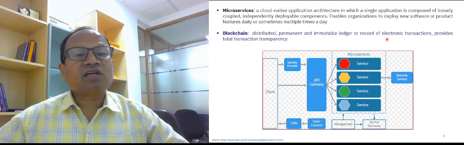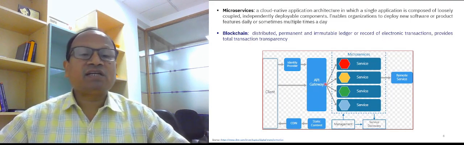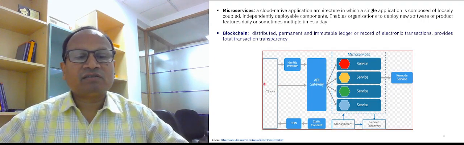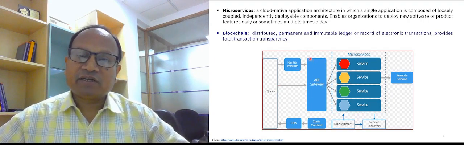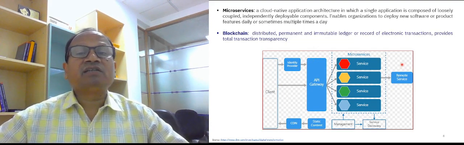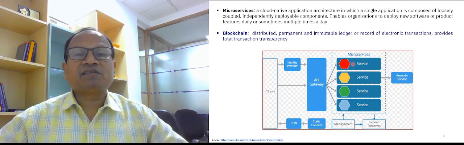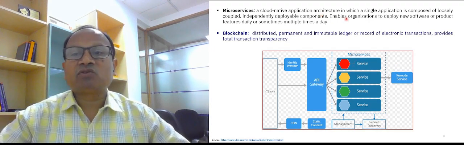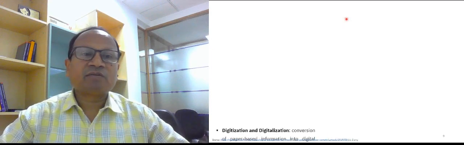This provides total transaction transparency. So as you can see in the diagram, there is a client, and the client or the users have different experiences. From remote, it can be accessed and monitored with the help of the services. What we are talking about is that it enables organizations to deploy new software or product features.